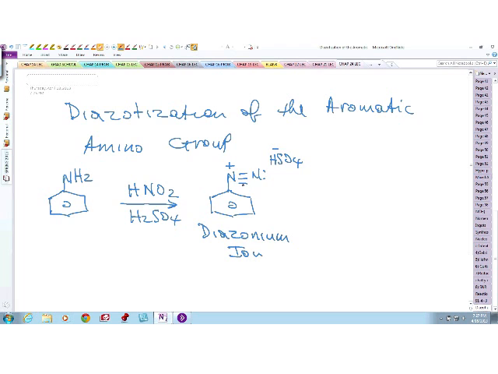If you use sulfuric acid, you may have bisulfate in solution, or chloride ion as a counter ion. So you get this diazonium ion. Now this diazonium ion is very, very important. You could very simply just write the diazonium ion as this here.